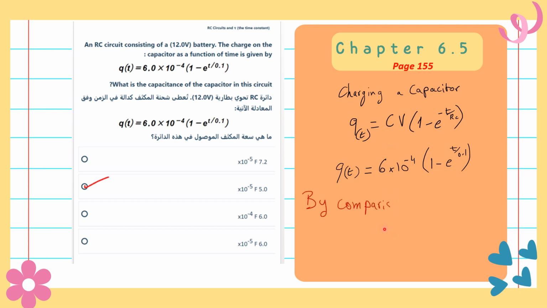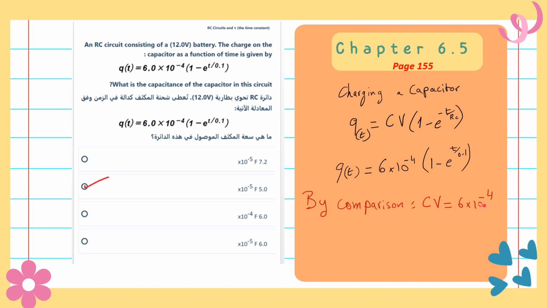By comparing these two equations, you can see they are very similar to each other. So CV is equal to 6 times 10 to the power of minus 4, and the exponential part is also equal. But we are focusing on that part because it contains C, the unknown. So CV is equal to 6 times 10 to the power of minus 4.